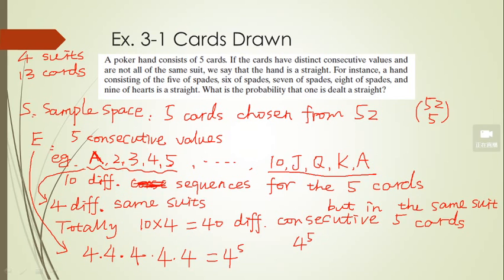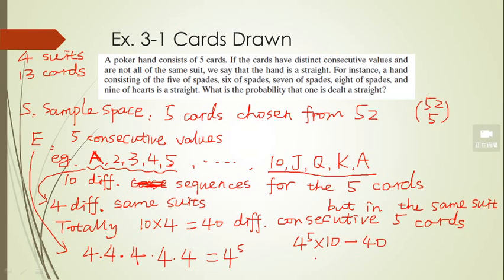So we have 10 different sequences. And then they might have the sequences with the same suit, but we should remove those. With the same suit, they are not called a straight. Straight means they have 5 consecutive values, but not all of them are the same suit. So we should remove the case 40.